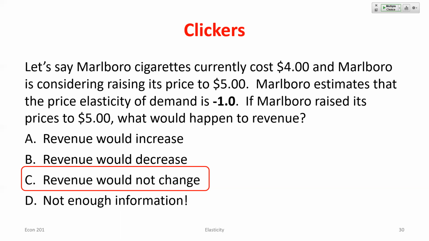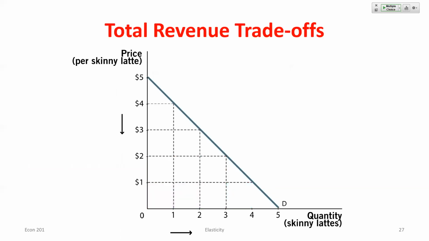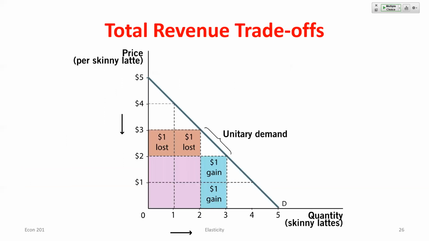But we can see it in some of those earlier numbers, right? When I was moving from, there it is, $3 to $2. Similar idea, just moving, instead of decreasing price on an elastic portion, I'm increasing price on an inelastic.